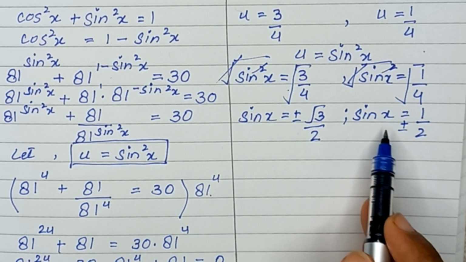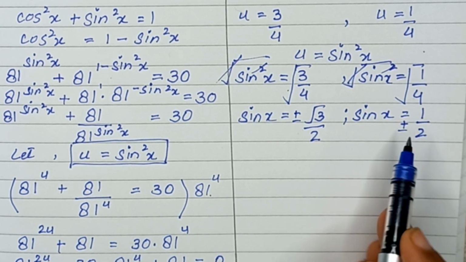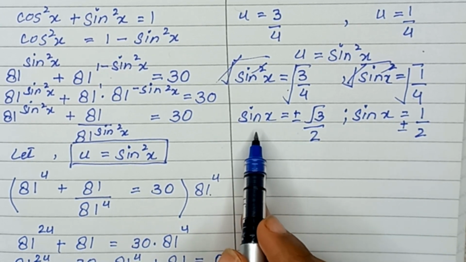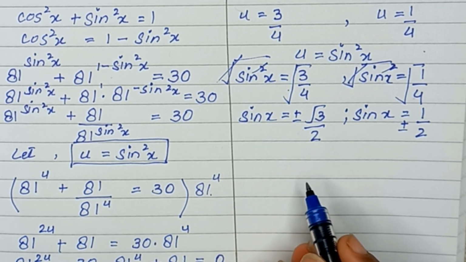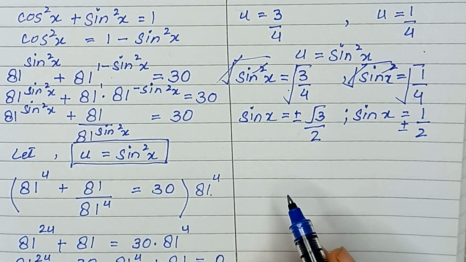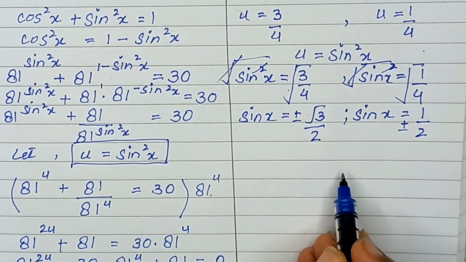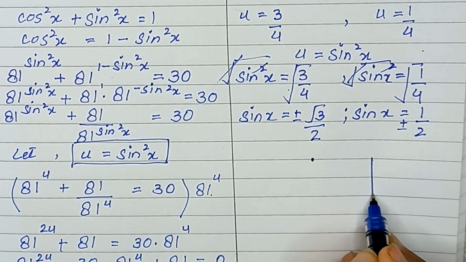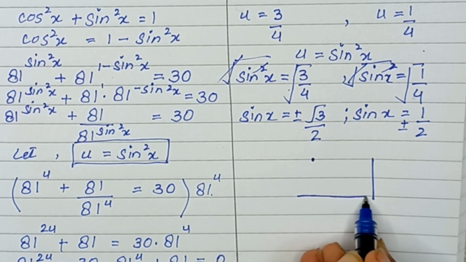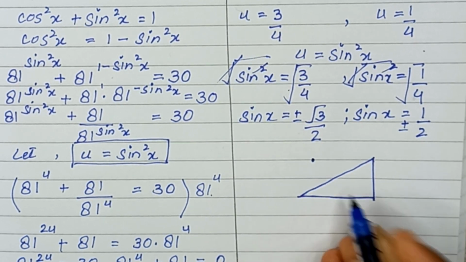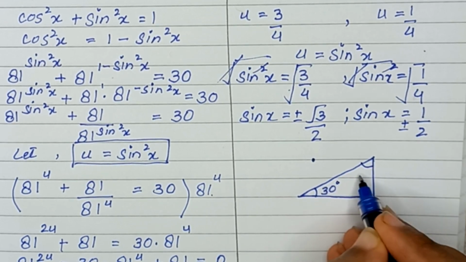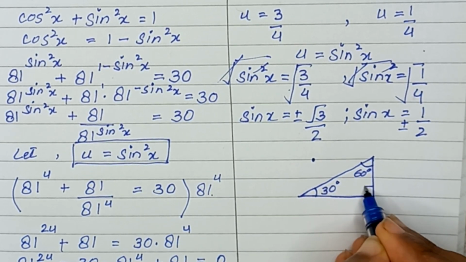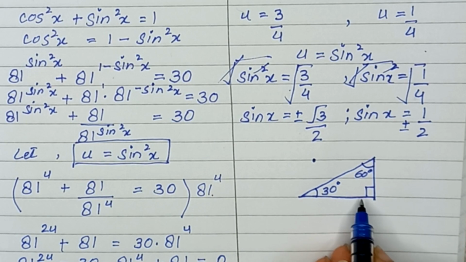And sine 30 is equal to 1 divided by 2, and we know that sine 60 is equal to square root of 3 divided by 2. So we will make a right angle triangle, which has 30 degrees, 60 degrees, and a right angle.